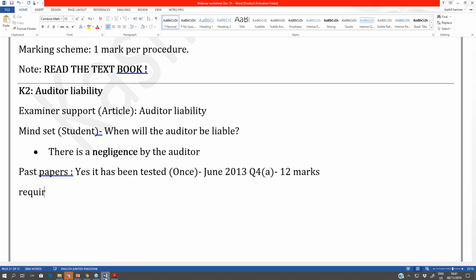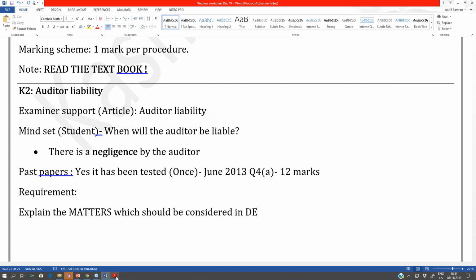Now, when you look at this requirement, it says, explain the matters which should be considered in determining whether Groom and Company is liable to Spaniel in respect of fraud.